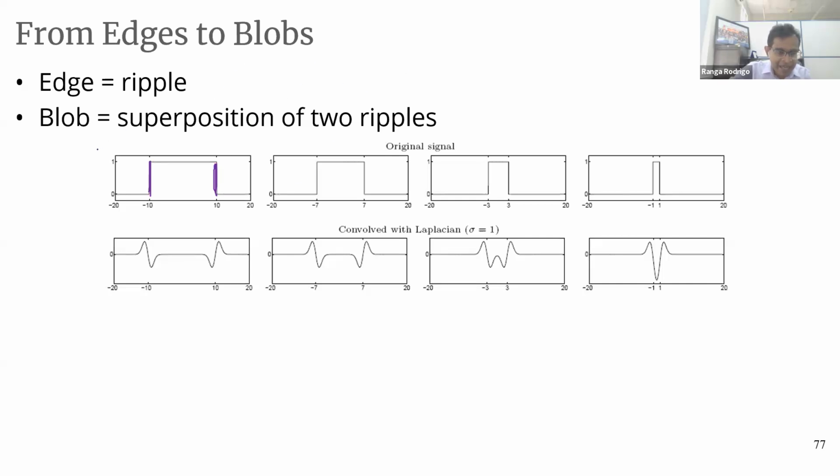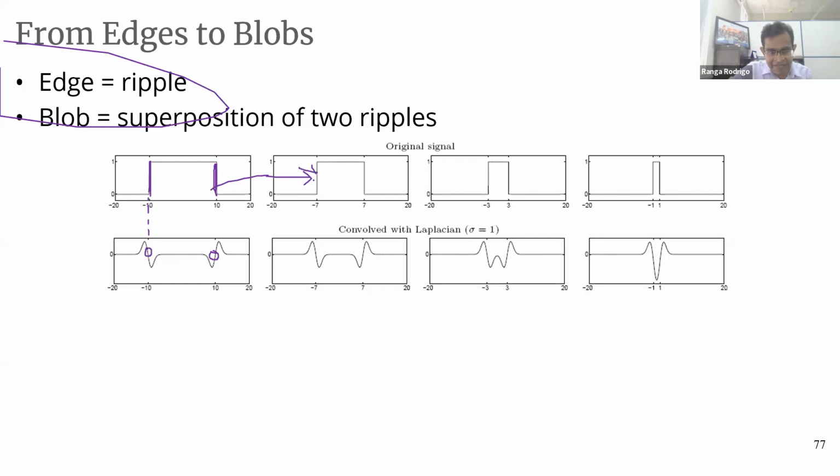So you can see at the location corresponding to the edge, you have a zero crossing. Here also you have a zero crossing in the response of the Laplacian of Gaussian filter. Now what we do is we shrink this image.